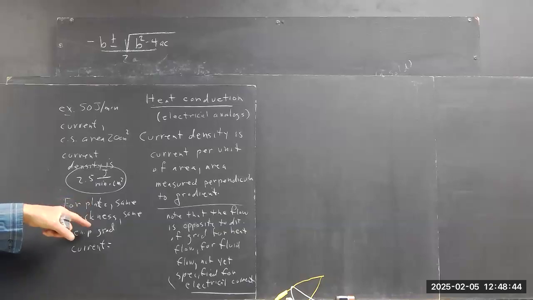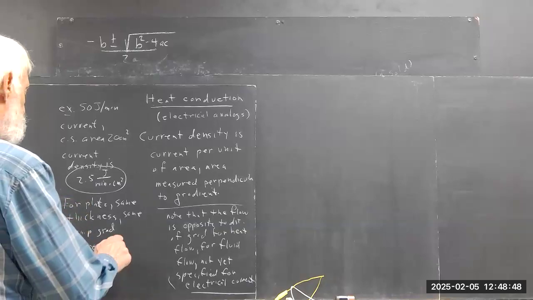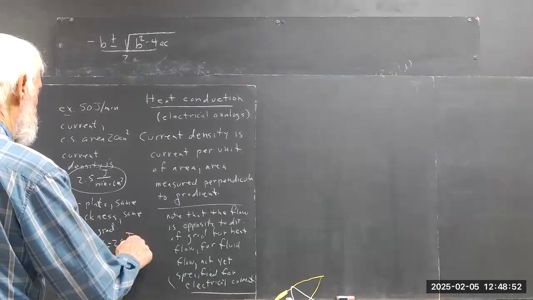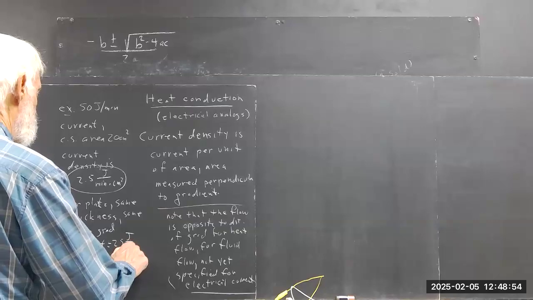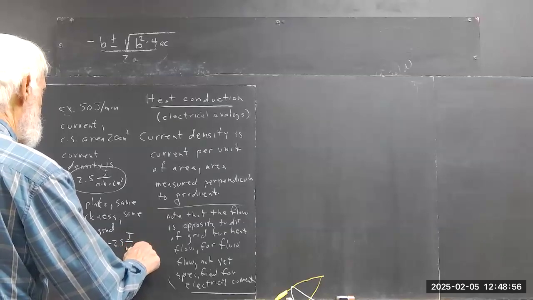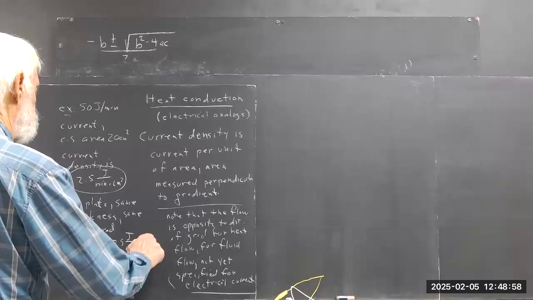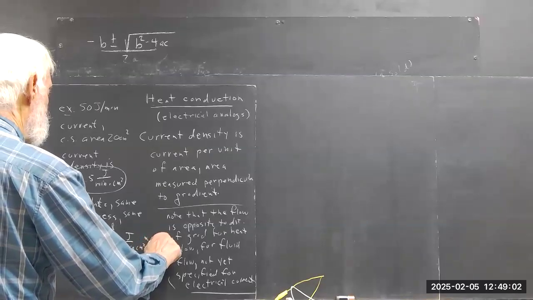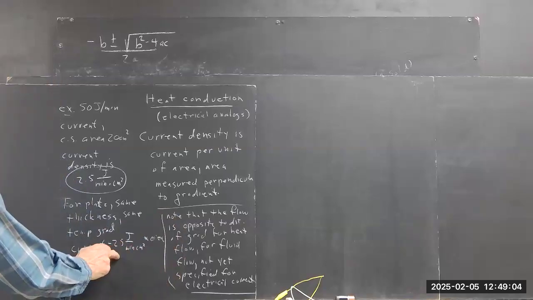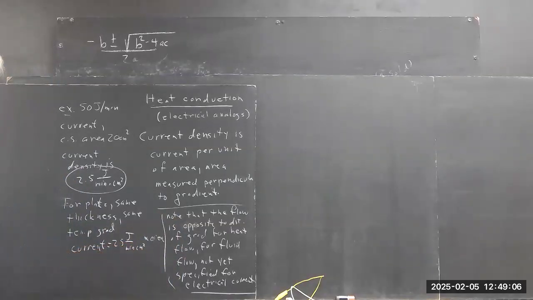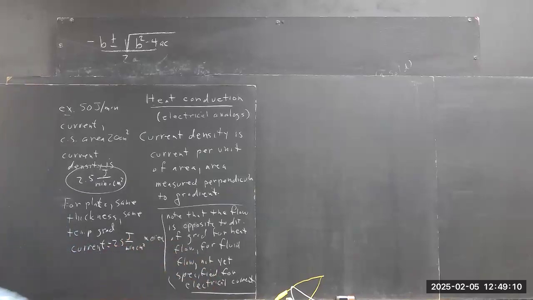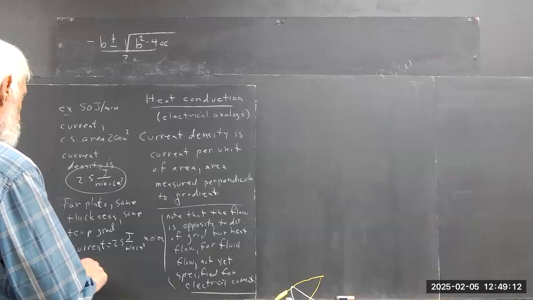Well, for a plate with the same thickness and same temperature gradient, the current would be the current density times area, right? I could write out the word current density times area. I'm not going to take time to write out all the words.